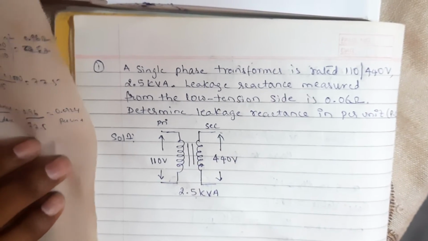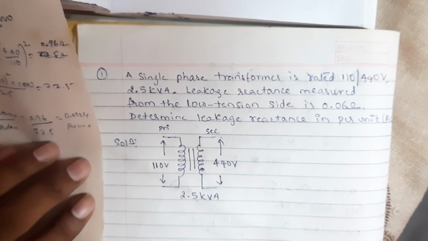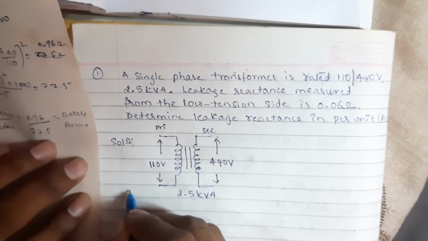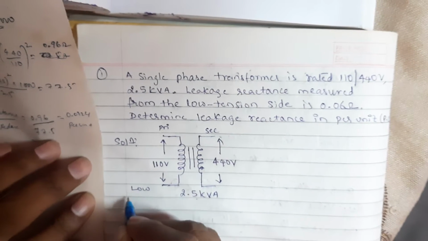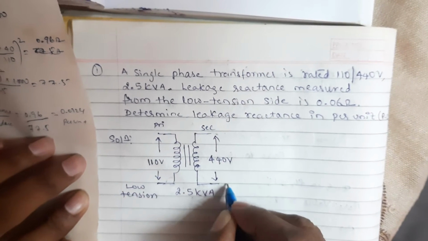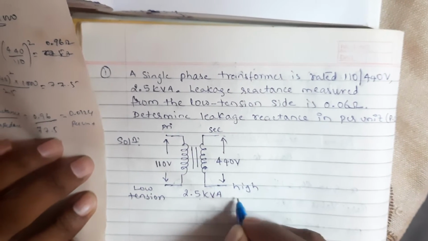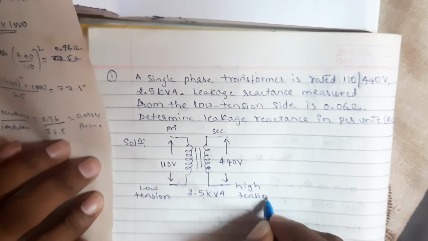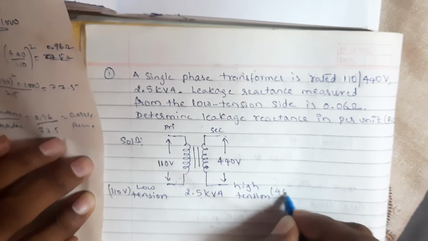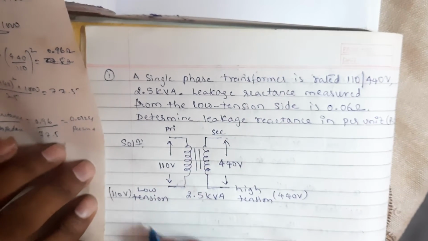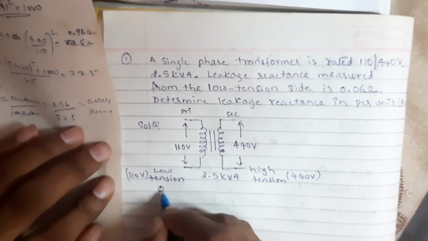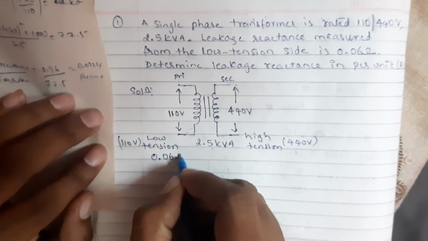And the leakage reactance is measured from the low tension side. We call this primary side low tension, and this has high tension because of its voltage: it is having 110 volts here and 440 volts there. The leakage reactance at the low tension side is given as 0.06 ohms.